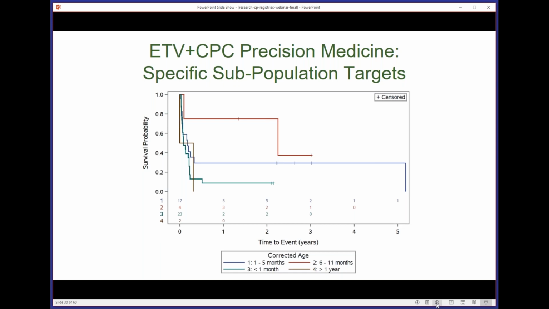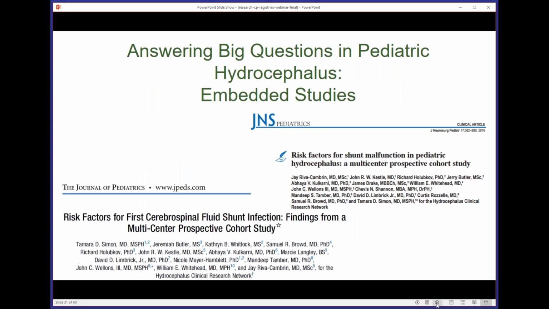And so the registry gives us enough power, when we do studies like this, that we can break it down by etiology of hydrocephalus and age. And now you tell me how old the patient is and why they have hydrocephalus and show me what their ventricles are like, and then I'll tell you what procedure, instead of just saying this procedure is better.